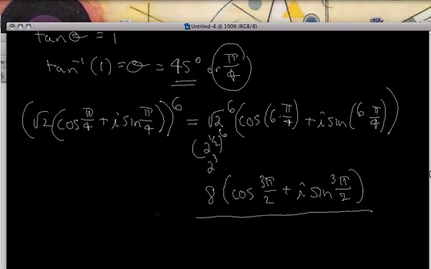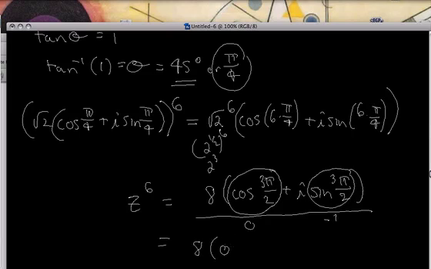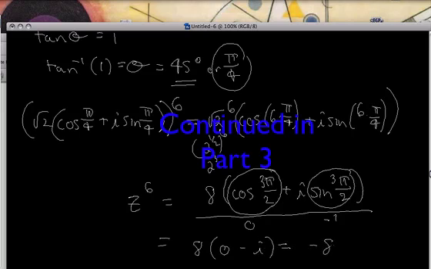That's z to the 6th in trigonometric form. Since they originally wrote z in standard form, we might as well write it in standard form. So let's evaluate this. Cosine 3 pi over 2 is 0. Sine of 3 pi over 2 is -1. So that ends up being 8 times 0 minus I, which is -8I.